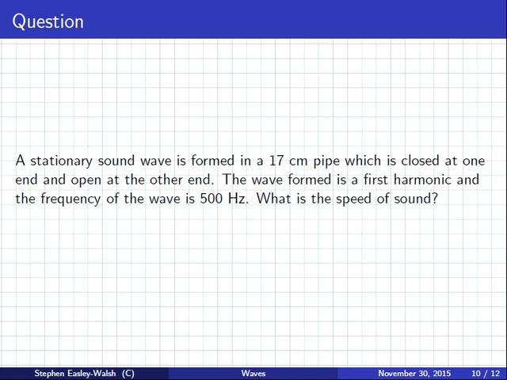So this is the type of question you would get in an exam about standing waves.